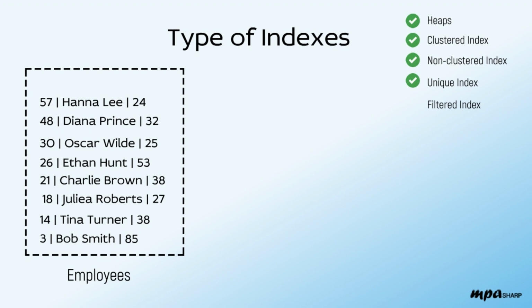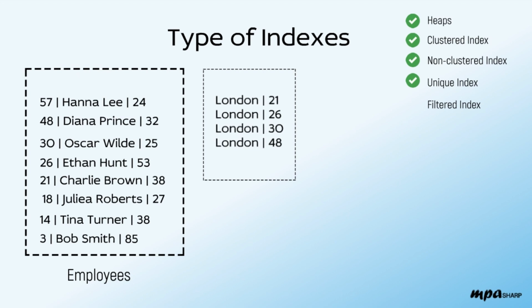Filtered indexes are a special type of non-clustered index where we only store data frequently required from a column. For example, if we have location on our example employee table and most queries are based on location equals, let's say, London, we can create a non-clustered index filtered only for employees who are in London.